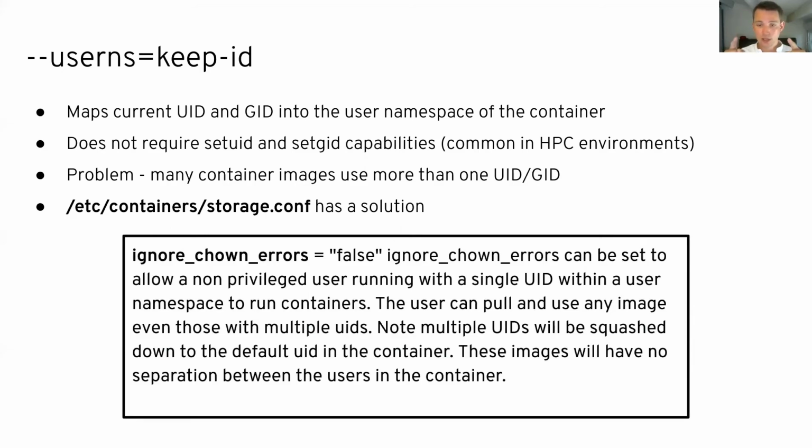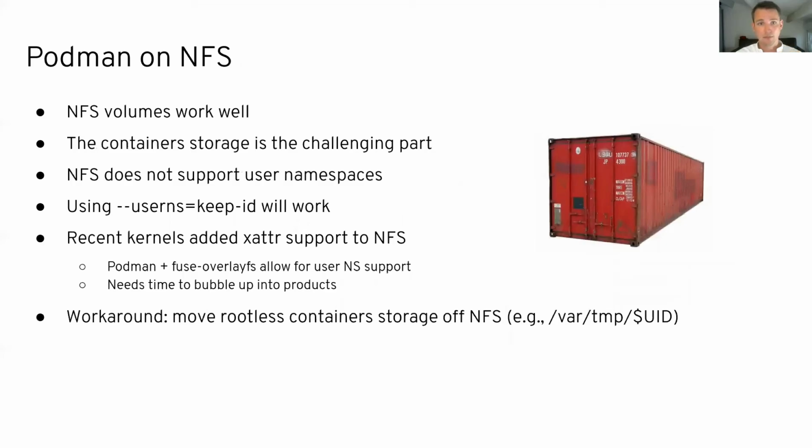The cool thing is that this allows also for running Podman on NFS. So let's check this out. NFS volumes for containers in Podman just work well, no big problem. The really challenging part is the container storage. And we've been chatting about user namespaces just before, but NFS does not support user namespaces.